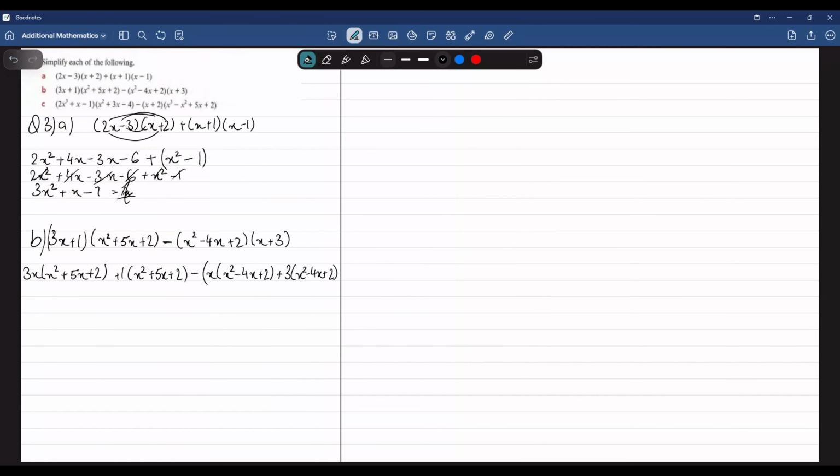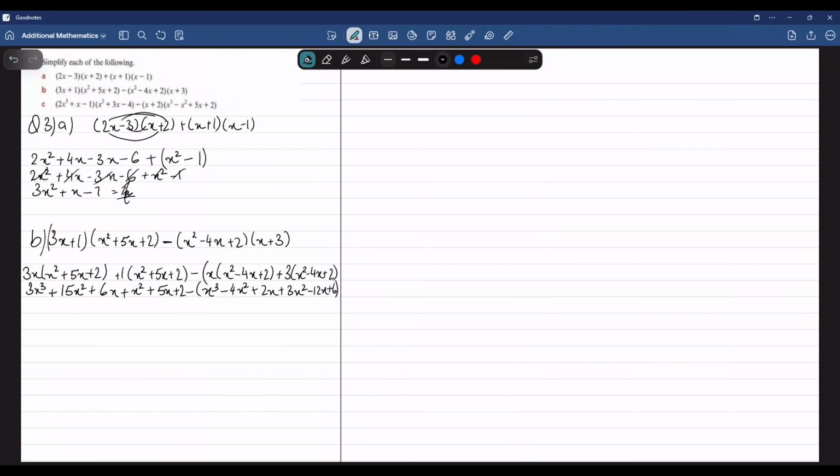Now we're going to simplify this. We get 3x squared, which is 3x cubed actually. 3x cubed plus 5 times 3 is 15x squared plus 3 times 2 is 6x plus x squared plus 5x plus 2, minus, again a bracket, x raised to power 3 minus 4x squared plus 2x plus 3 times x squared is 3x squared, minus 4 times 3 is 12, minus 12x plus 6.